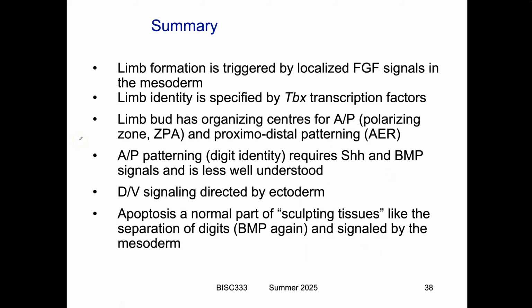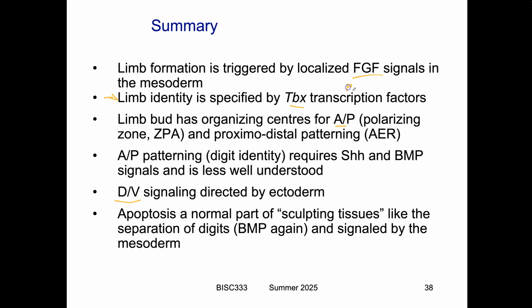Okay, so this is a summary overall. So limb formation is triggered by those FGF signals in the mesoderm. And there are organizing centers for AP, proximal distal, and dorsal ventral signaling. Limb identity is specified by these TBX transcription factors.